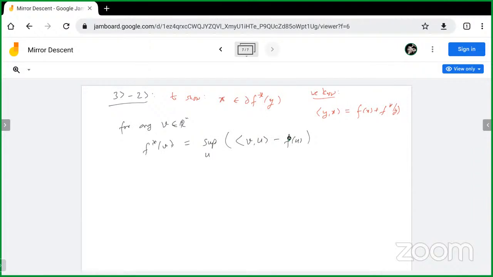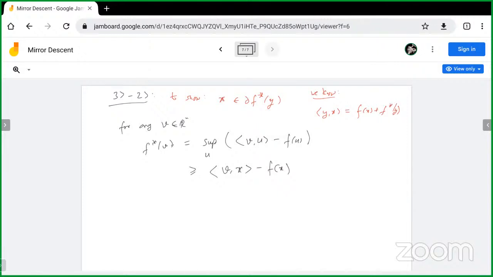Now this thing here is at least the value obtained by plugging in u equal to x, because it's true for every u.